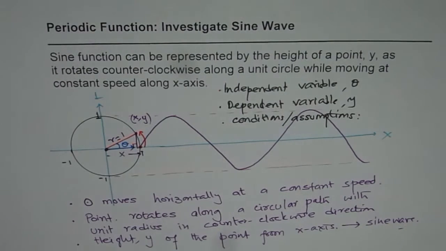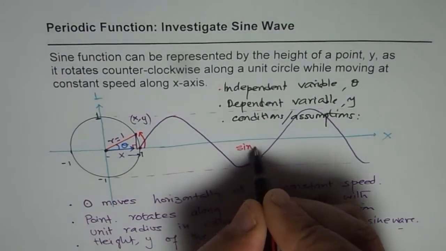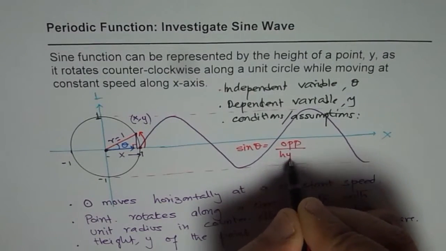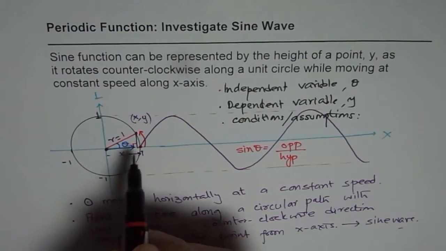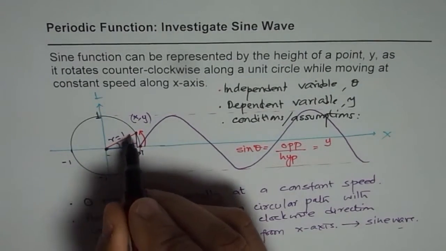Sine theta, as you know, is, let me write in between, opposite over hypotenuse. Is it okay? Now in this particular situation, opposite is equal to y and hypotenuse is 1.